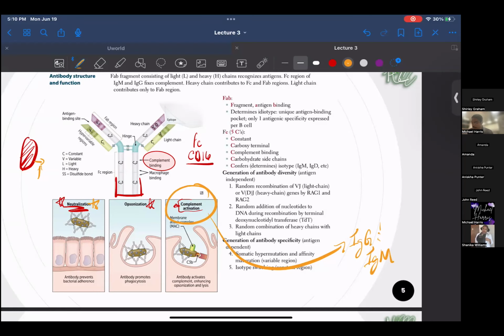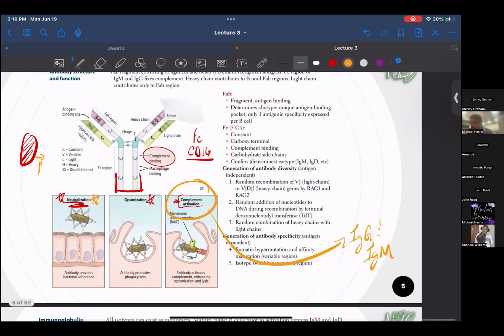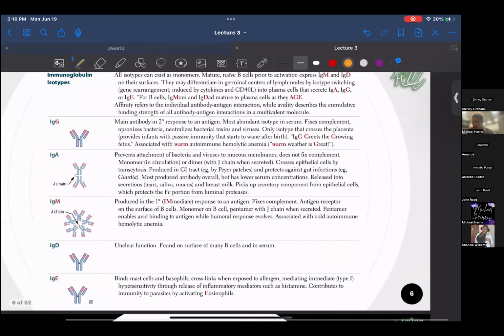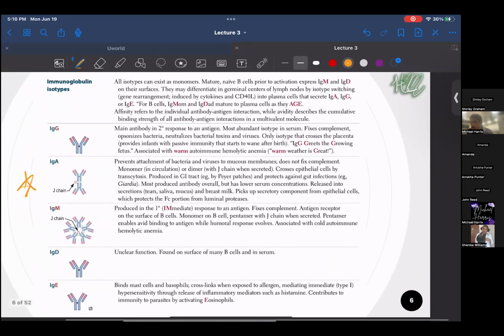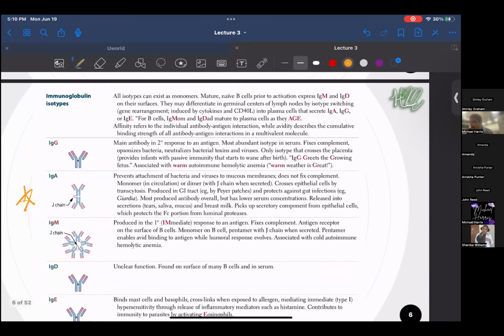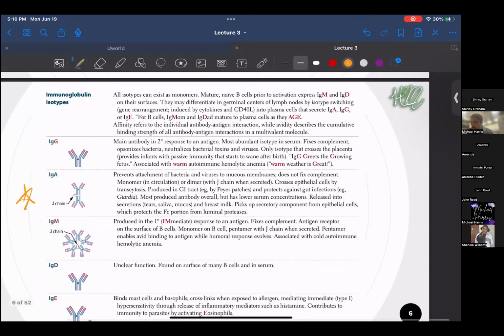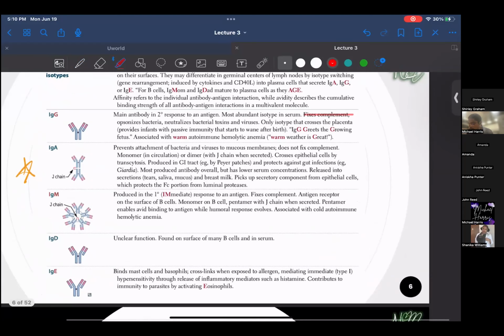All right, good. And that's something we've already kind of talked about. I wasn't really going to talk much more about it than that IgM and IgG are very big for complement, and you can see that here, fixes complement. And then for IgM, fixes complement. But you don't see that in any of the other guys. Okay.